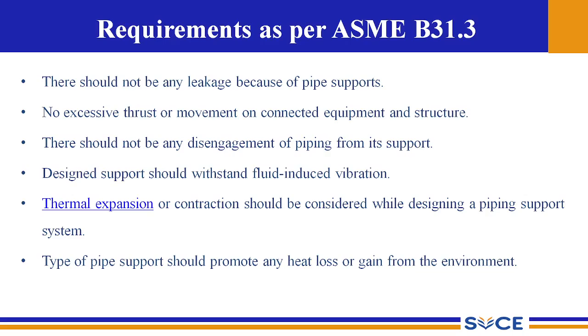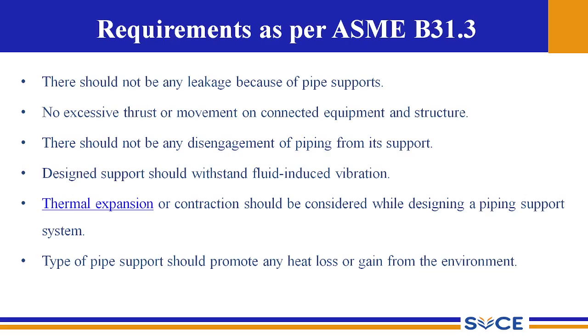Next, when we install a pipe support, it should not add additional thrust or movement on the connected equipment and structure. Suppose we are installing a pipe support incorrectly, then there might be disorientation of the pipe routing.